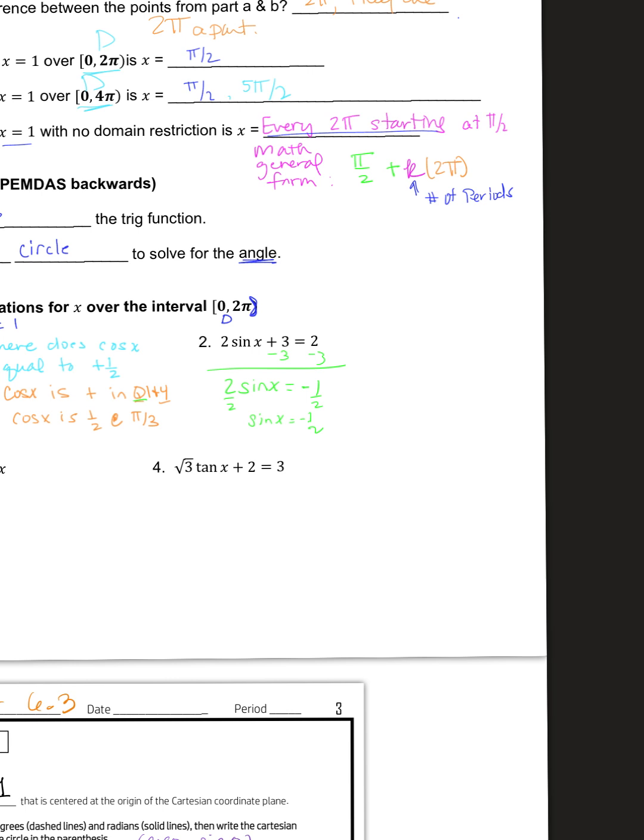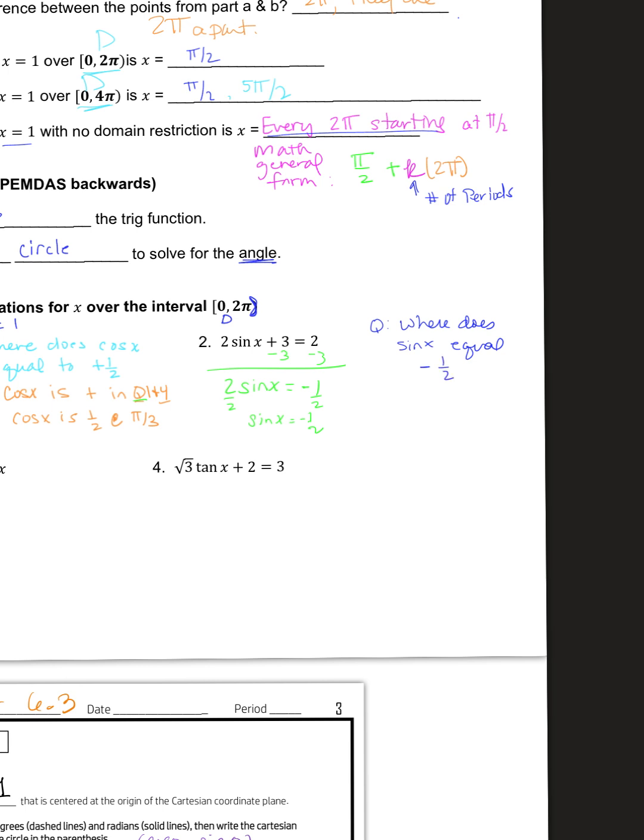So question 1. I won't do this every time, but to get the idea: where does sine x equal -1/2?